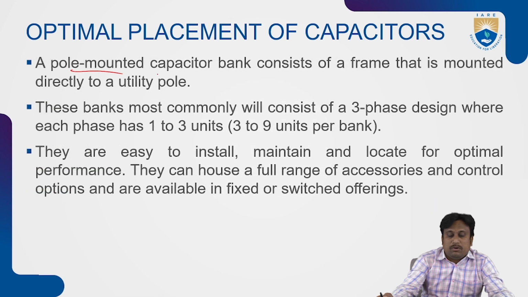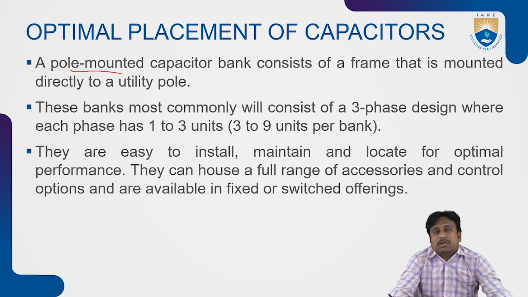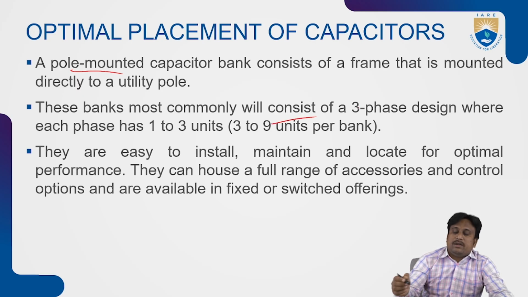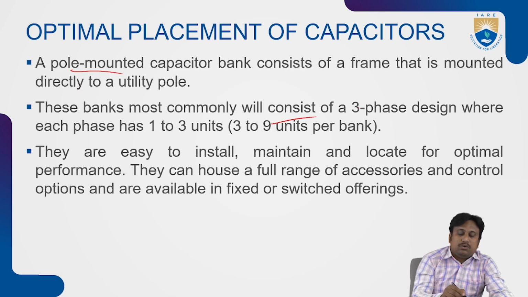Coming to pole mounted capacitor banks, they contain a frame that is mounted directly to the utility pole. These banks most commonly have a 3-phase design, in which each phase has 1 to 3 units, based on the load requirements.